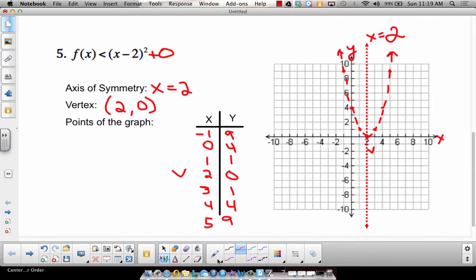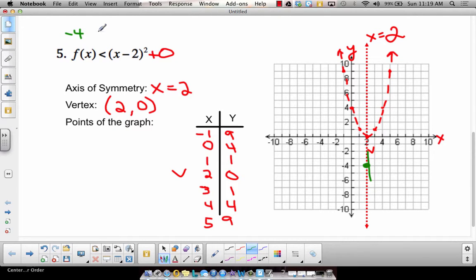Now I got to deal with where do I shade. Again, I'm going to use a green pen just to make it a little bit easier. I want to choose a point that's on here. I guess I'll choose this one. Okay, so I'm at 2, -4. So I substitute in here.